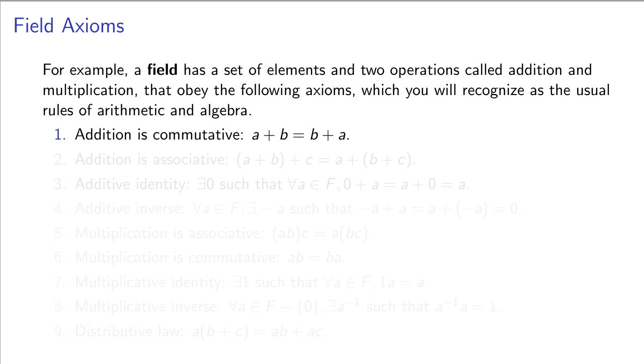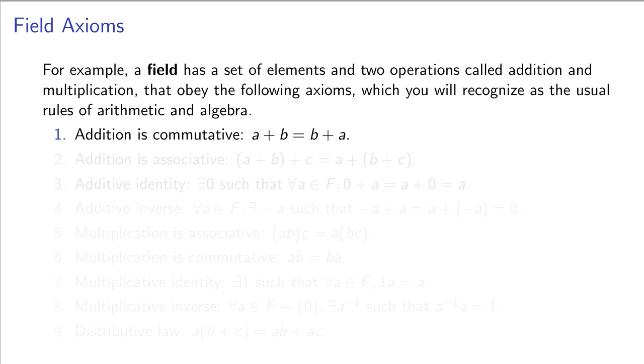So let me give you a set of axioms that you've been familiar with since you were in elementary school and middle school. These are the axioms for a so-called field. A field has a set of elements and 2 operations.